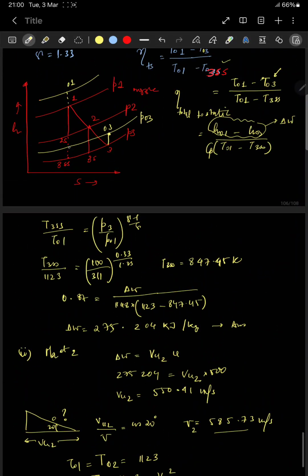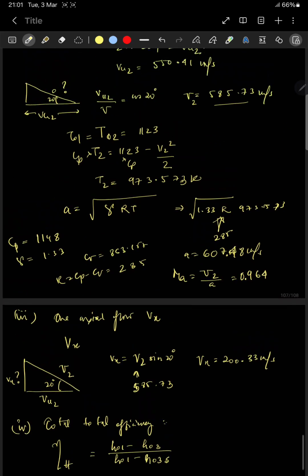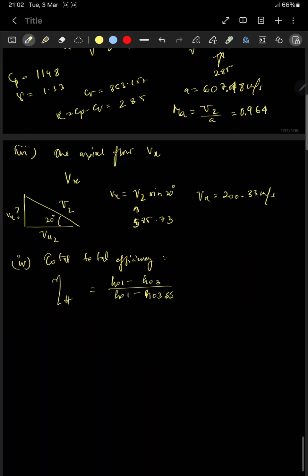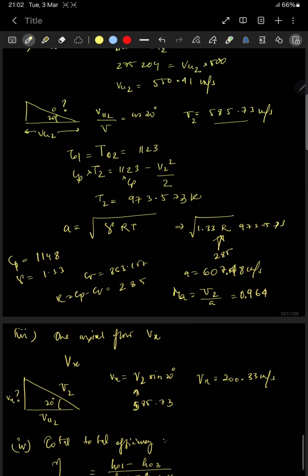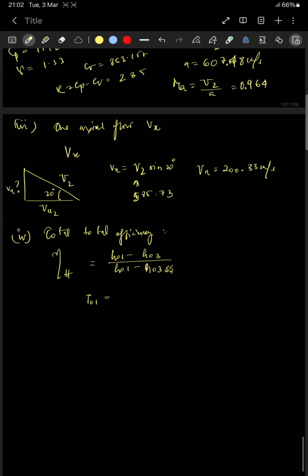So H01 minus H03 divided by H01 minus H03S. T03S. Let's see. T01 is 1123. Okay, 1123.